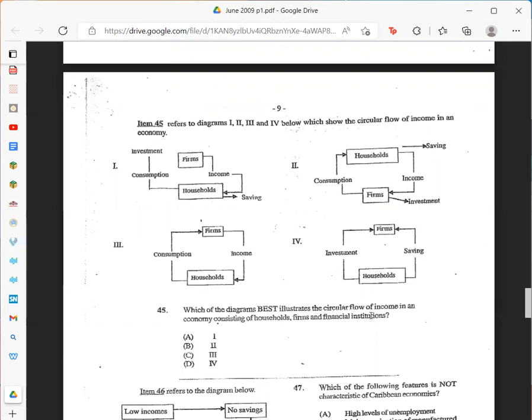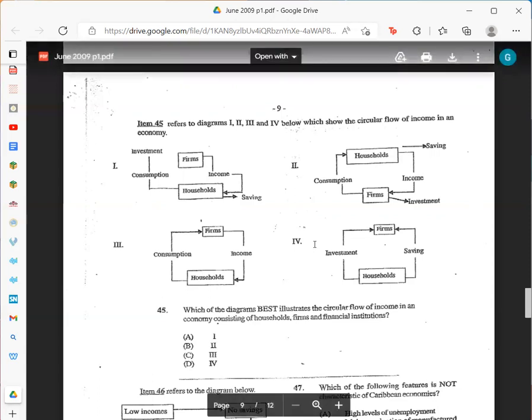You should know always a circular flow of income. There's always firms and households. But which one incorporates the financial system? So you're saying probably three?